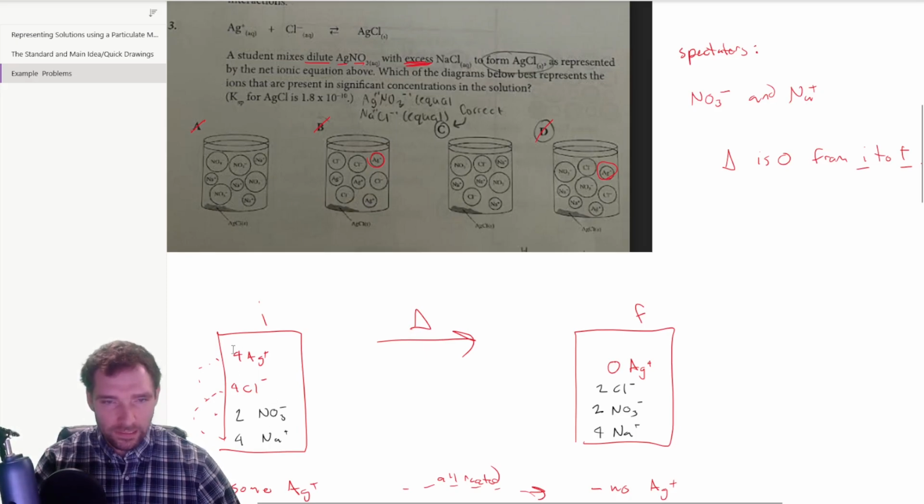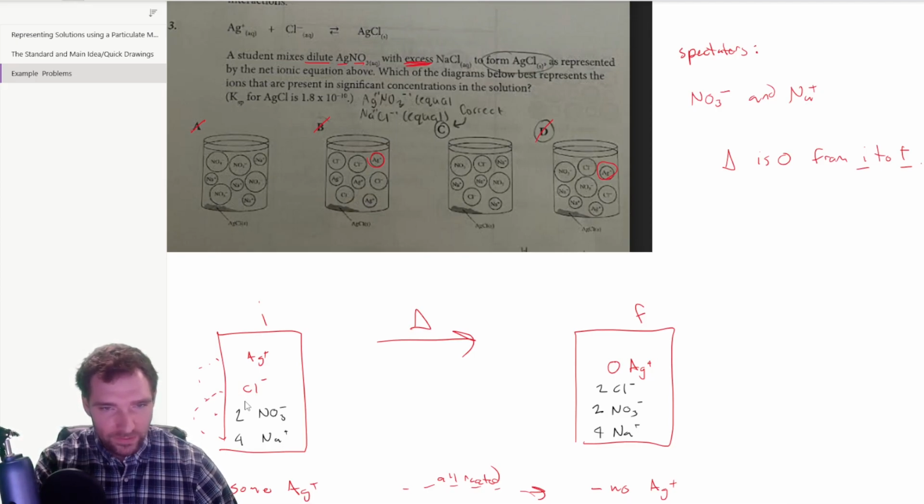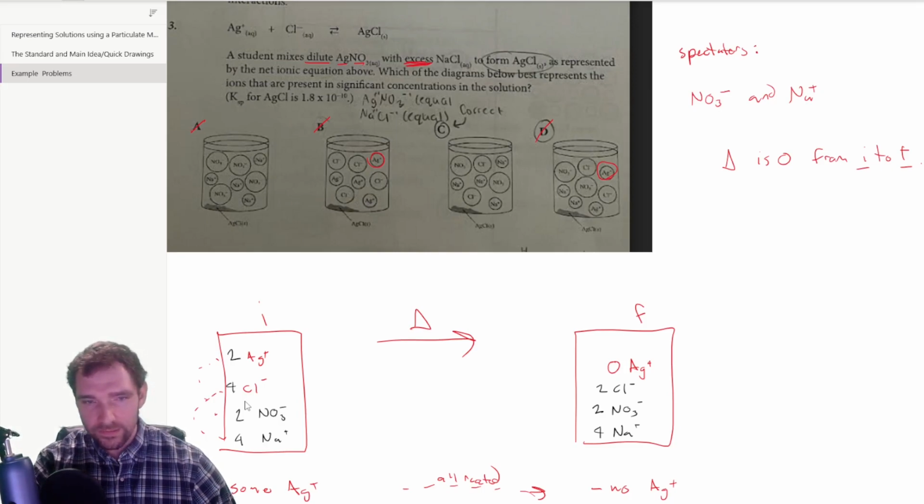And because these should be equal amounts, it looks like we had 2 Ag pluses and 4 Cls, and then they react at a ratio of 1-to-1. So it looks like there was 2 Ag pluses reacting with 2 Cl minuses to form 2 AgCls.